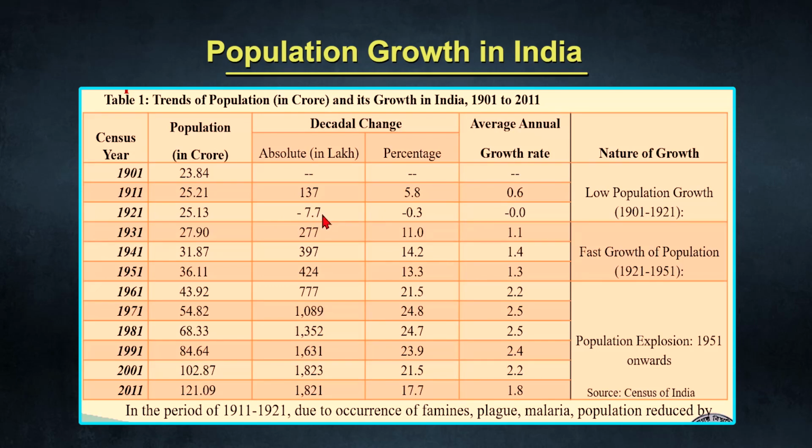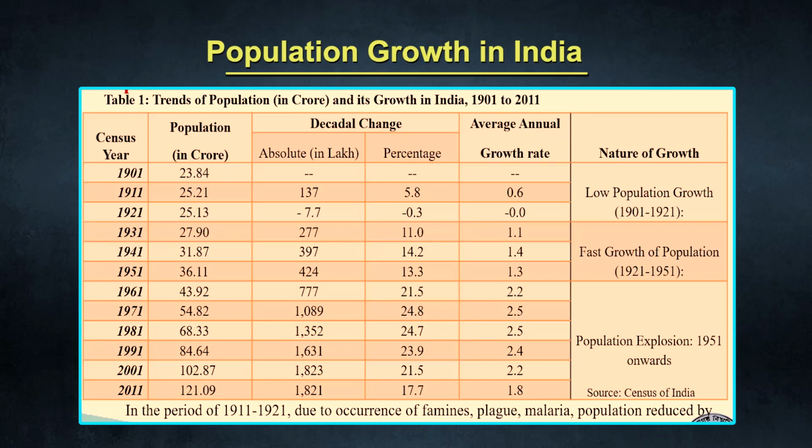During this decade, 1911 to 1921, the Indian economy experienced famines, plague, malaria, and other diseases, and because of this, the population decreased by 7.7 lakh. And it is noted that the influenza in 1918 caused 140 lakh deaths in our country. Therefore, this particular period 1901 to 1921 is treated as the low population growth.